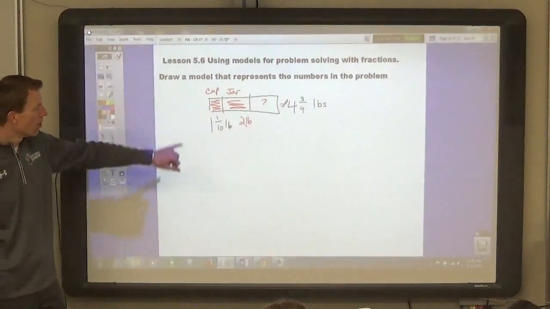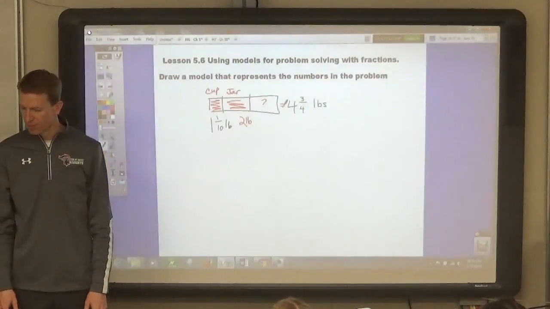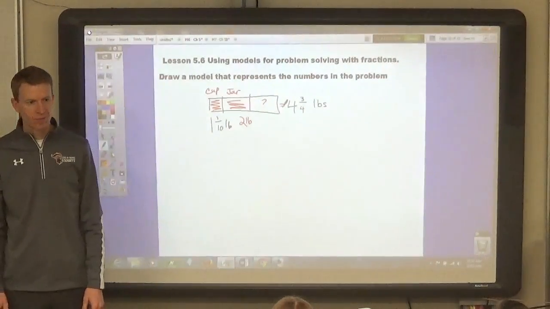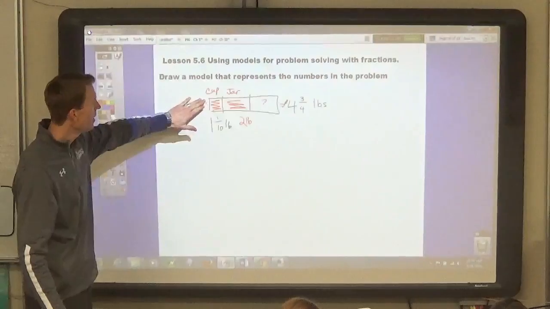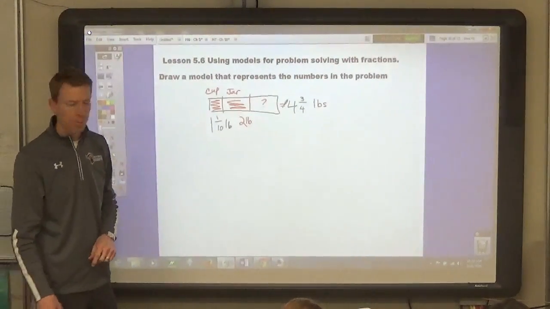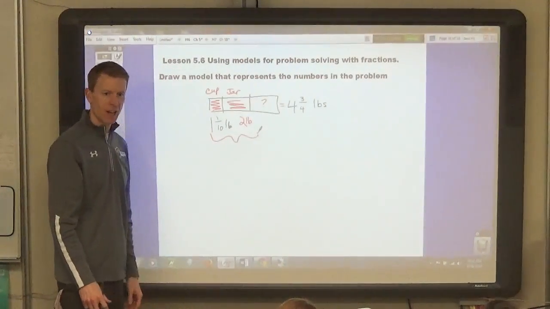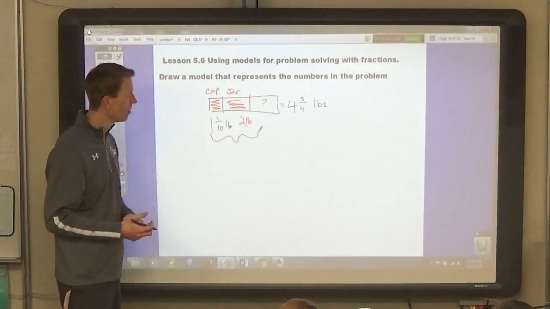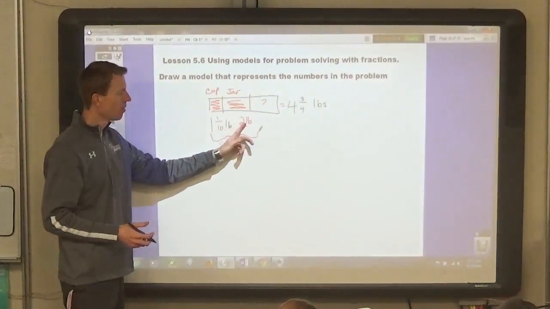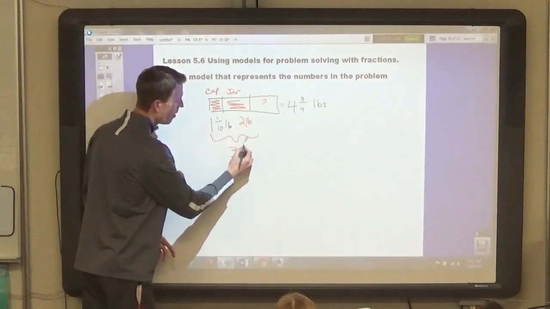So draw this out, and you can clearly see what it is that you need to do. You need to figure out how much total was used. 1 1/10 plus 2 is 3 1/10.